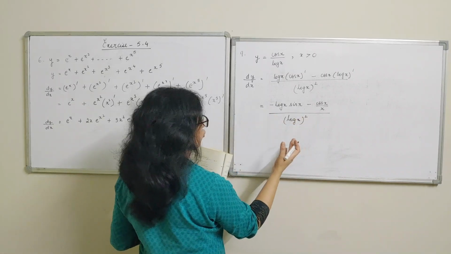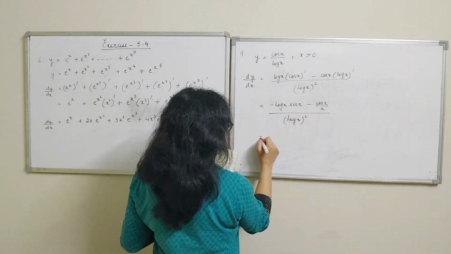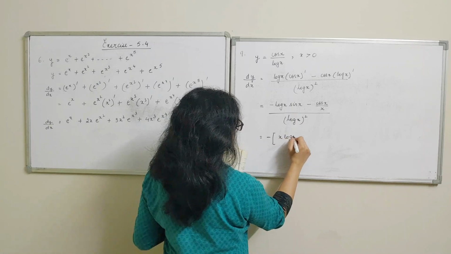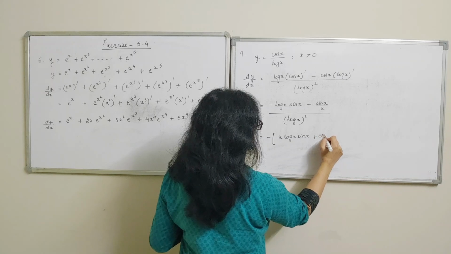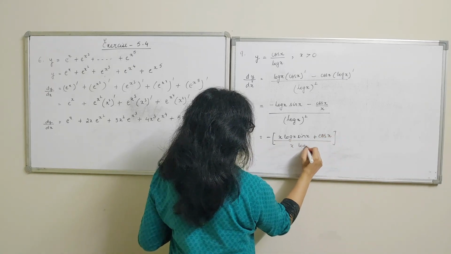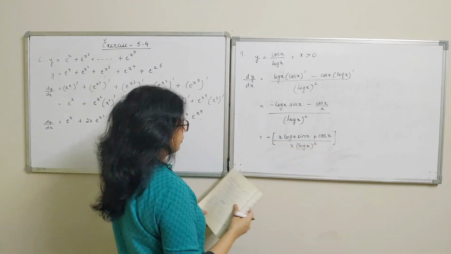So you can leave it in this form. If you want, you can take a minus sign common. If you want to take LCM also, we can do it like this: x log x sin x plus cos x upon x log x whole square. Okay, so this is how the question is done.